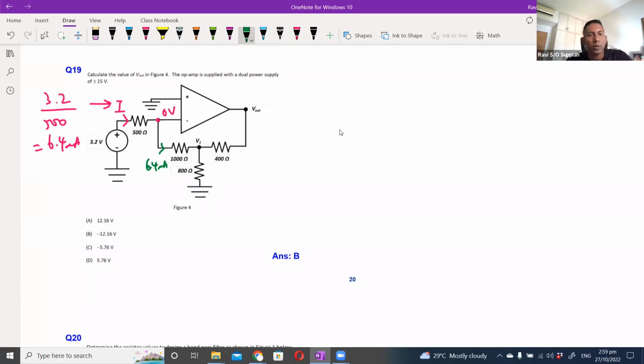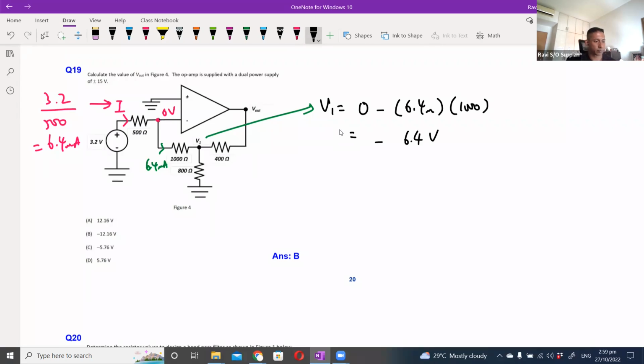All right, now as before, since we know the voltage at this point is 0 volt, after I pass through the 1000 ohm resistor, the voltage at V1 will be equal to 0 minus the IR, which is 6.4 milli multiplied by 1000, which equals negative 6.4 volts. So the voltage at V1 is negative 6.4 volt.